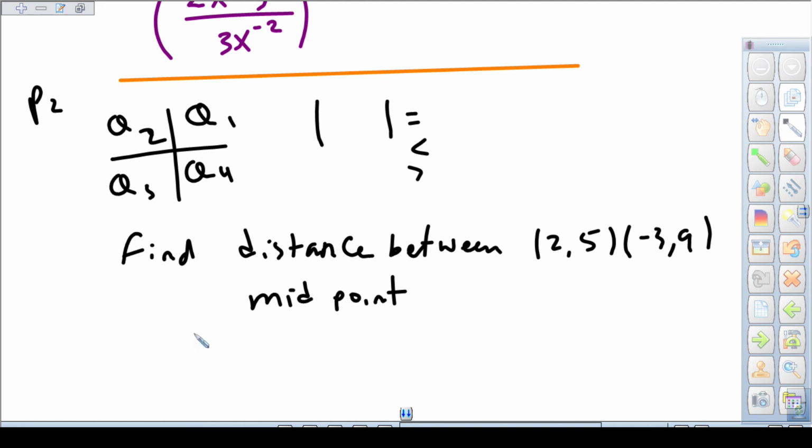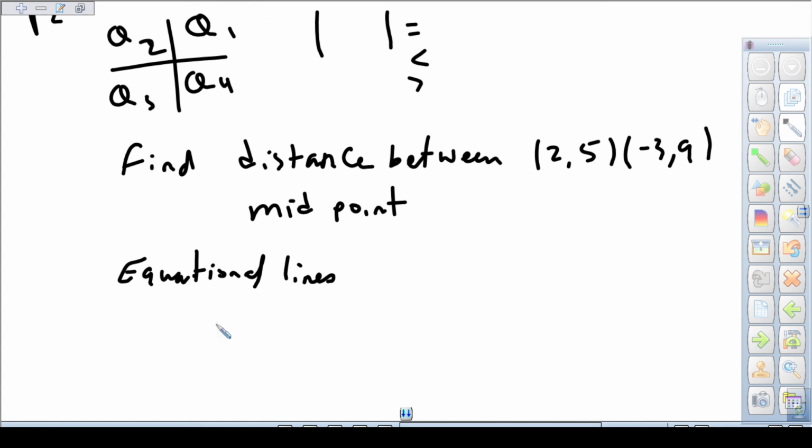And then we're going to talk about the equations of the line. Meaning, what if I give you a line? Let's say I give you y equals 2x plus 3. What's the slope here? Yep, I see that.